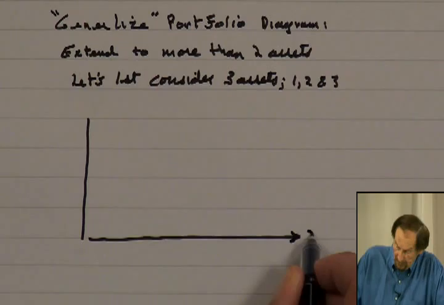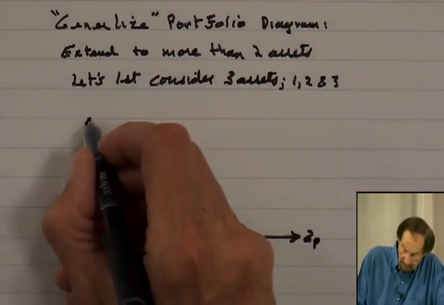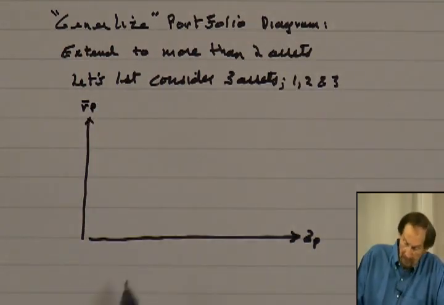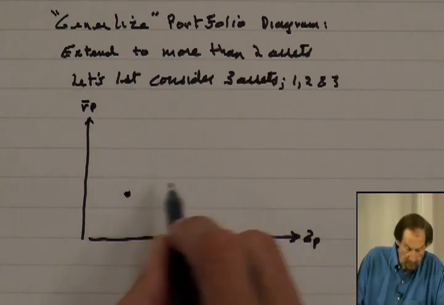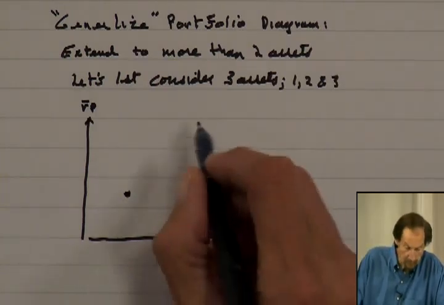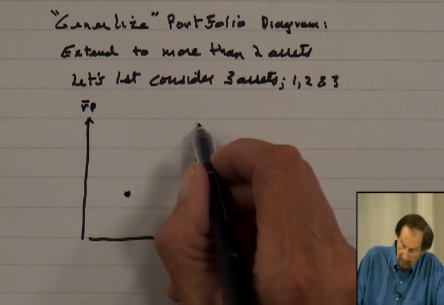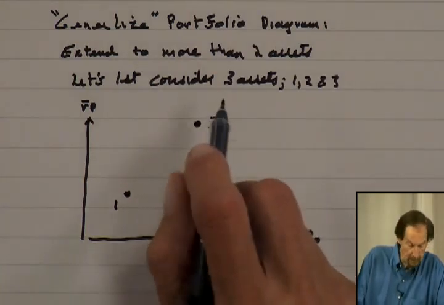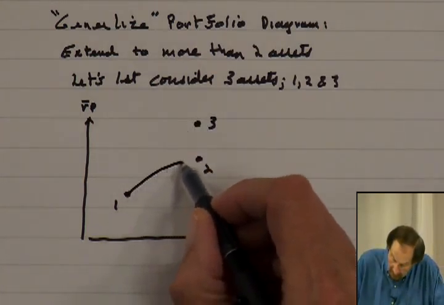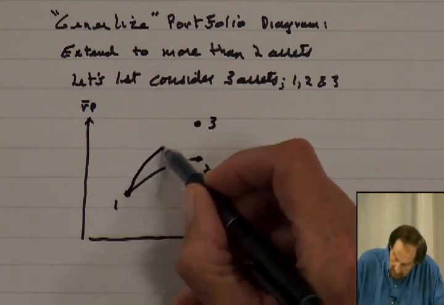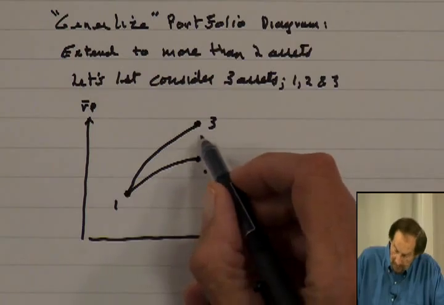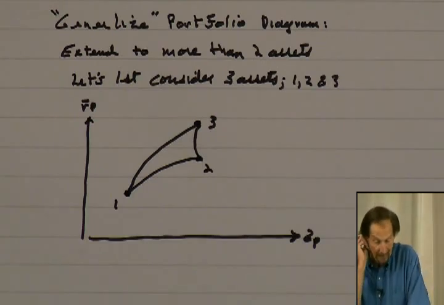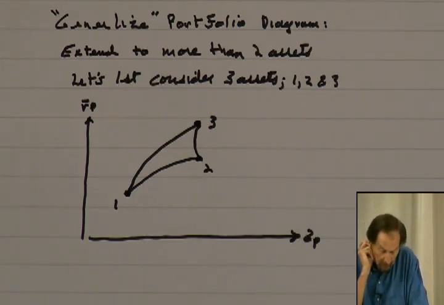So we have our sigma p, r bar p, as we usually do. And let's say we have 1, 2, and 3. Okay, so now what we're going to get is something that looks like this, and like this. Now, instead of a triangle, we get kind of a figure which has curved sides here.